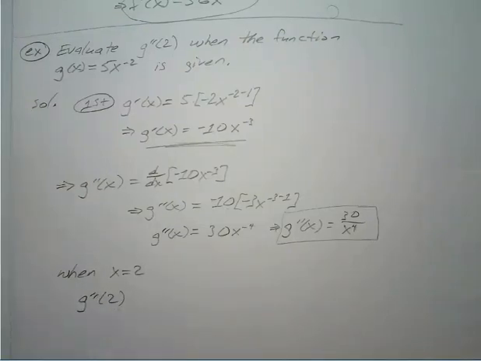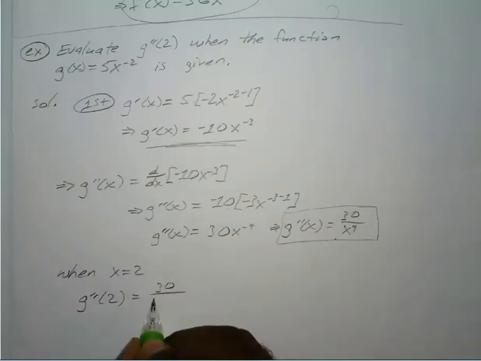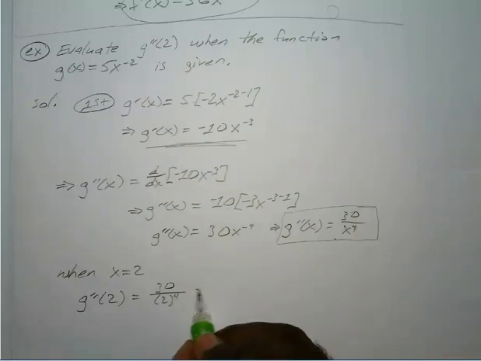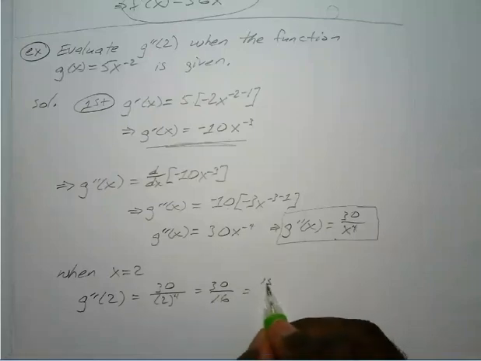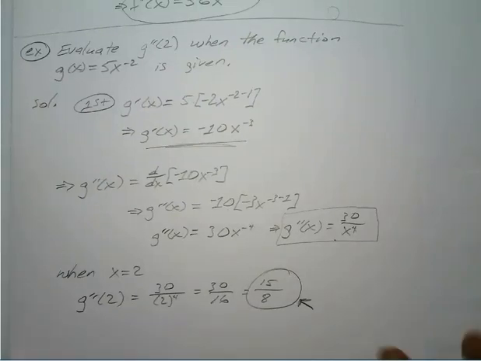So second derivative at 2 is equal to, using this one, 30 over 2 to the 4th power, which is 30 over 16, which if we simplify is 15 over 8. Okay, so that's our final answer. Alright, so if you're still writing, feel free to press pause, but we're going to go ahead and move on to our next example.